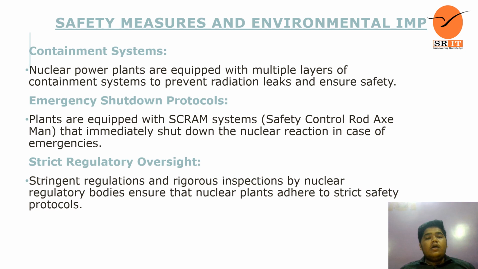Plants are equipped with scram systems that immediately shut down the nuclear reaction in case of emergency. Strict regulatory oversight. Rigorous inspection by nuclear regulatory bodies ensures that nuclear power plants adhere to strict safety protocols.